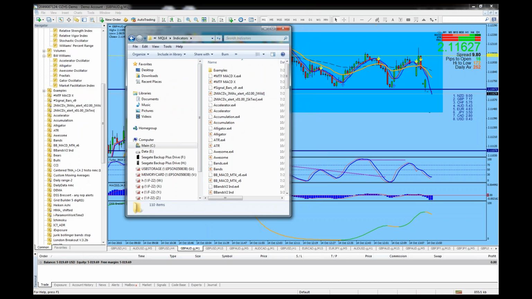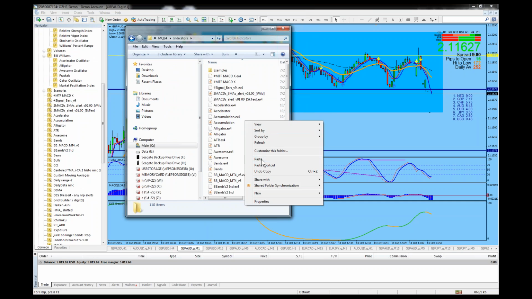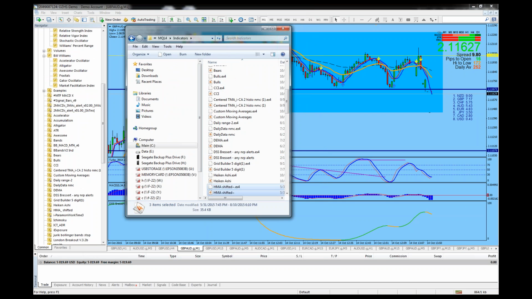Indicators, and we've got 1, 2, 3. Copy and paste. And they've got a Woody's Hull from Woody's CCI. Yeah, and I've got Heikin-Ashi Smooth.